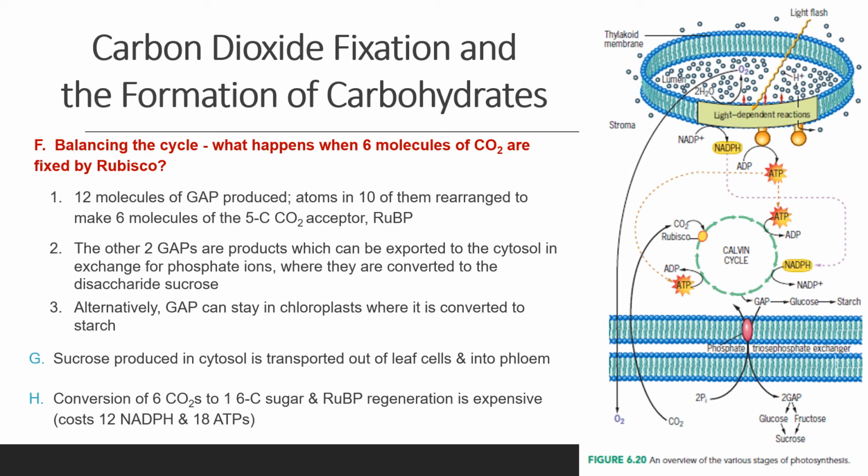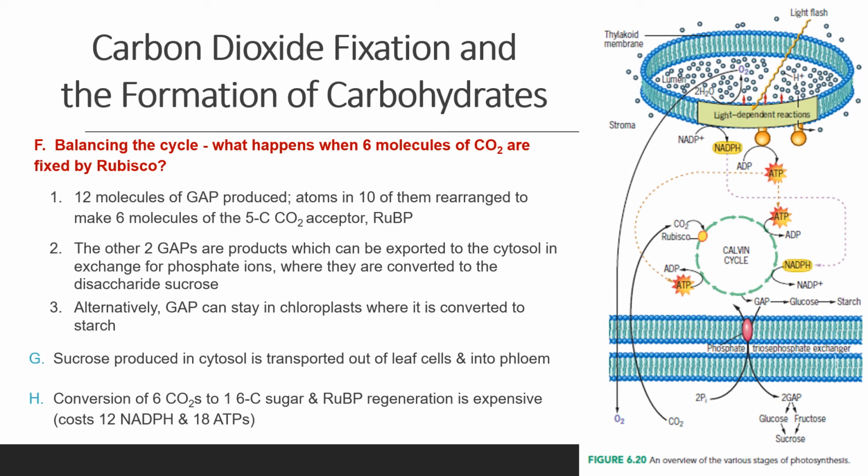Okay, so the other 2 GAPs are products which can be exported to the cytosol in exchange for phosphate ions, where they are converted to the disaccharide sucrose. And alternatively, GAP can remain in the chloroplast where it is converted to starch.